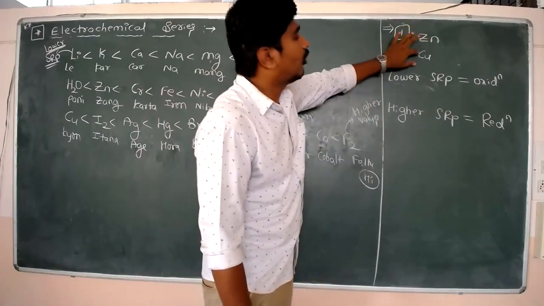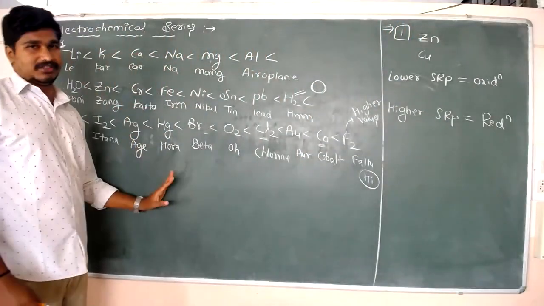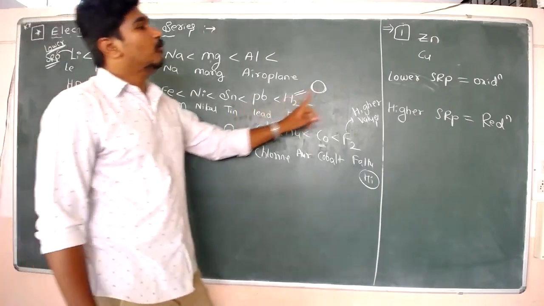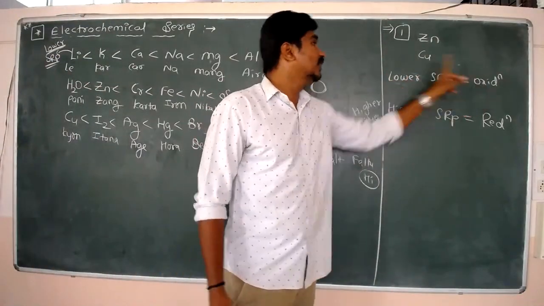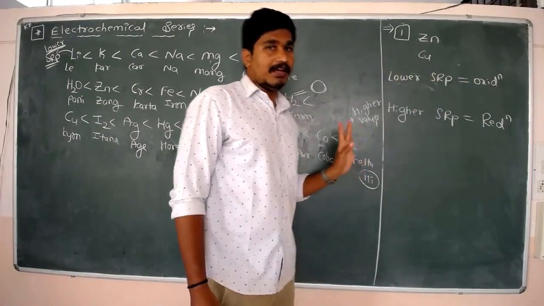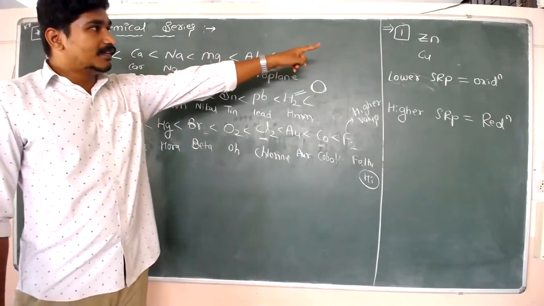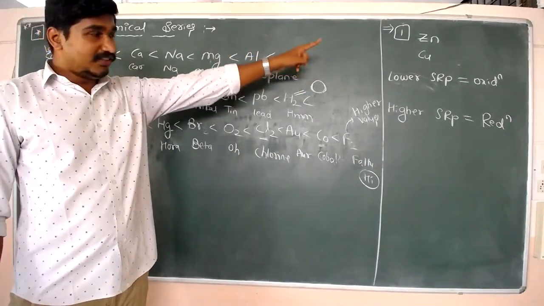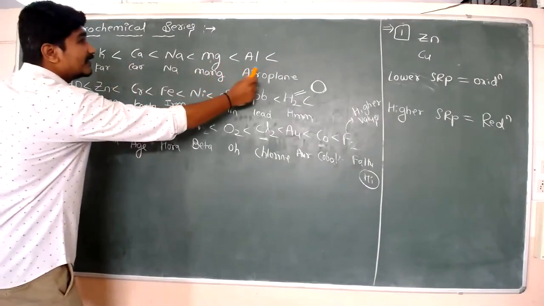Now here zinc and copper are there. In the electrochemical series, just observe, which one is having lower SRP? He is asking which undergoes oxidation. Oxidation means the element which is having lower SRP. In zinc and copper, which one is having lower SRP? Where is zinc?